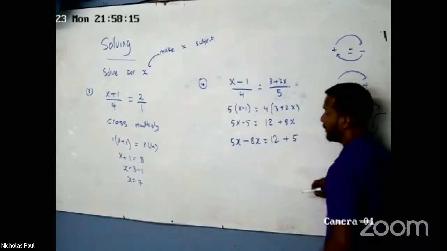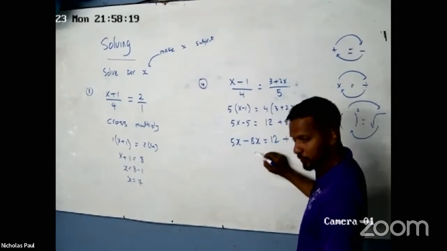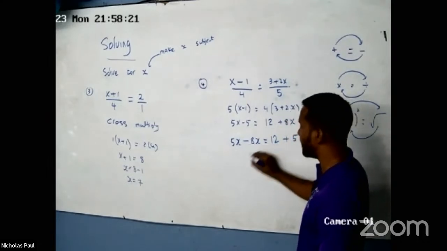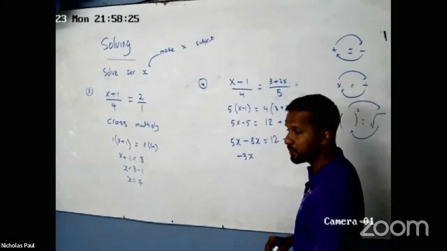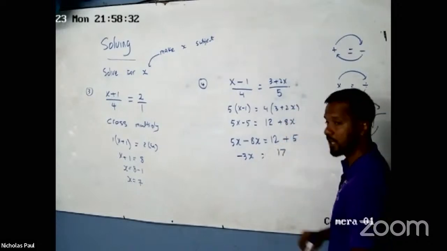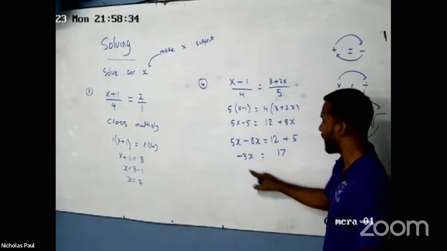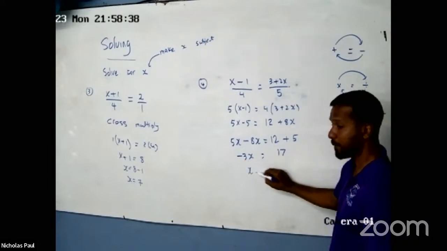Nice? 5x minus 8x is minus 3x. Correct? 12 plus 5 is 17. So now I have to carry across the minus 3x. This is multiplied. Be careful here.